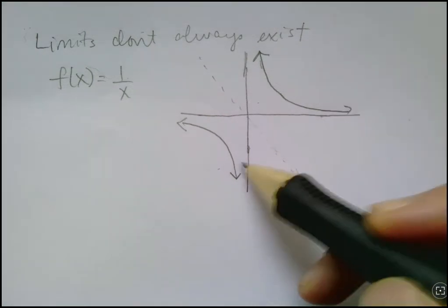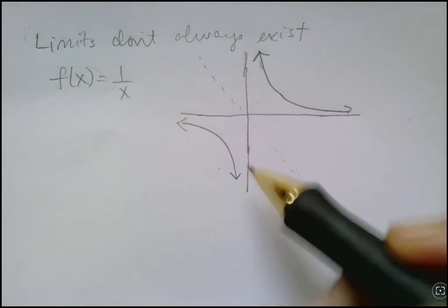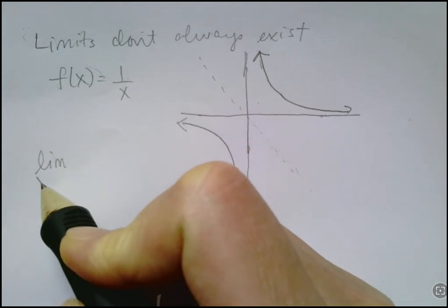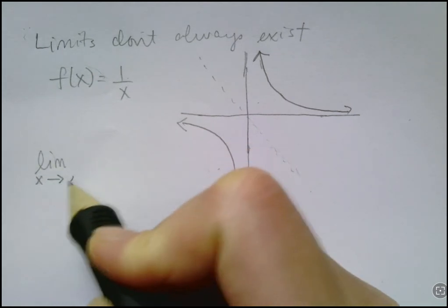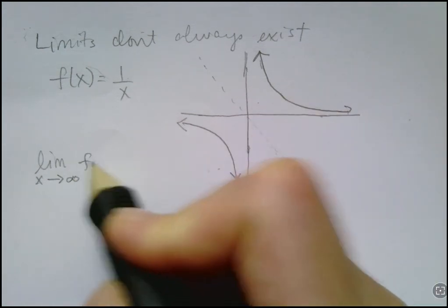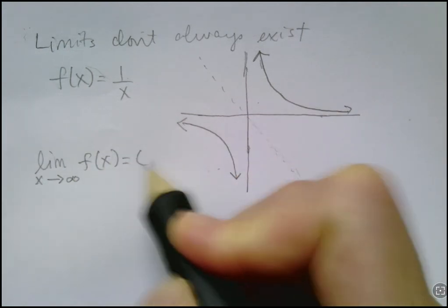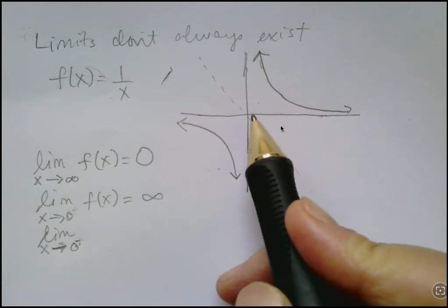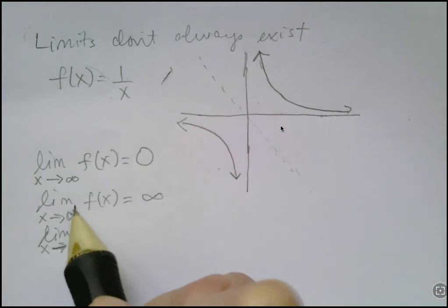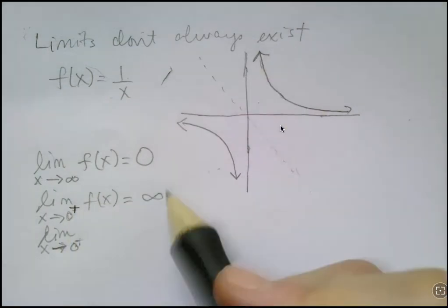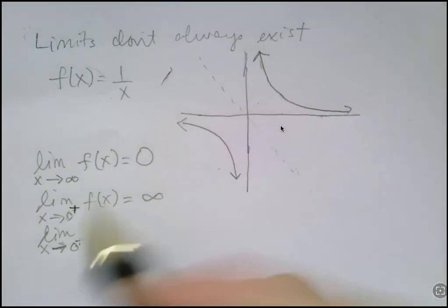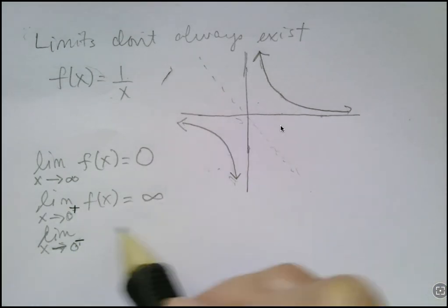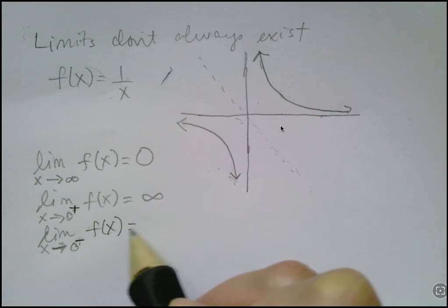Okay, so here's a function, and it's clear if you understand what the graph looks like that the limit as x goes to infinity of f equals 0. So you can see as x approaches 0 from the right that the limit is infinity, and then as x approaches 0 from the left, the limit is negative infinity.